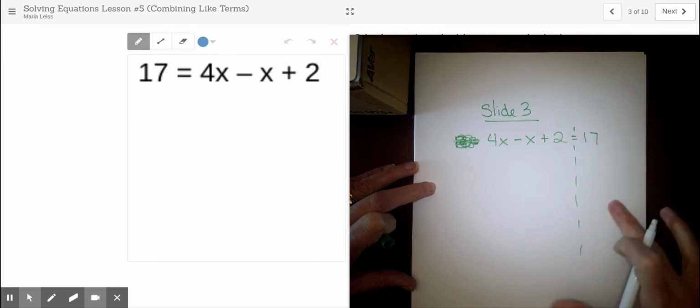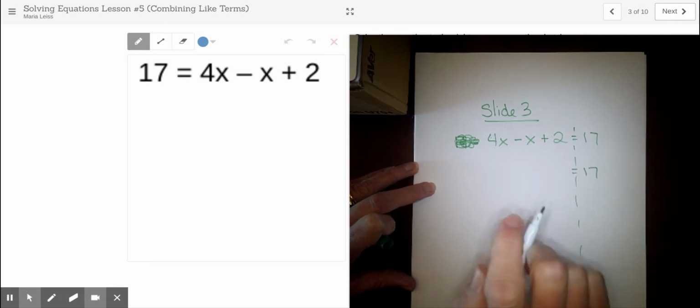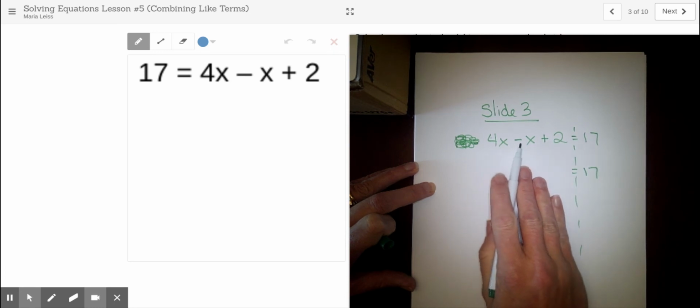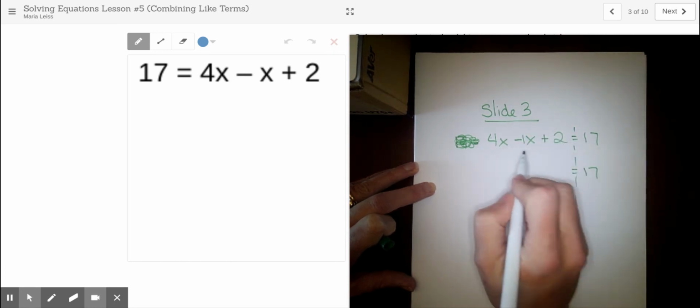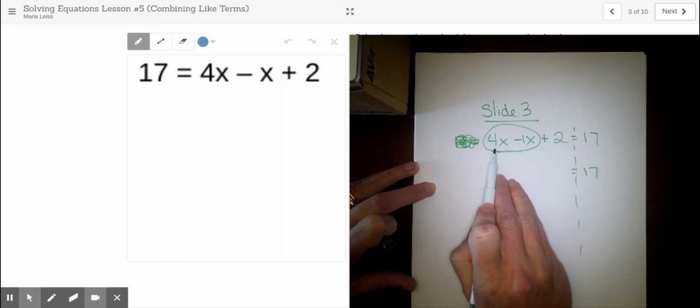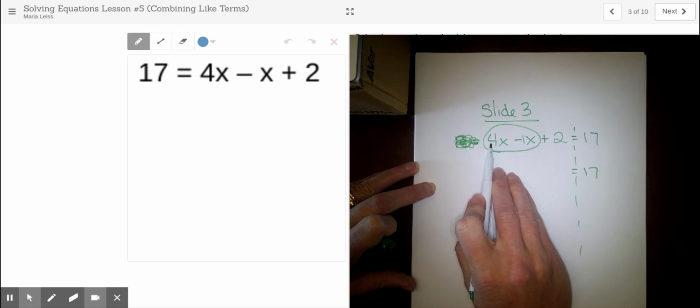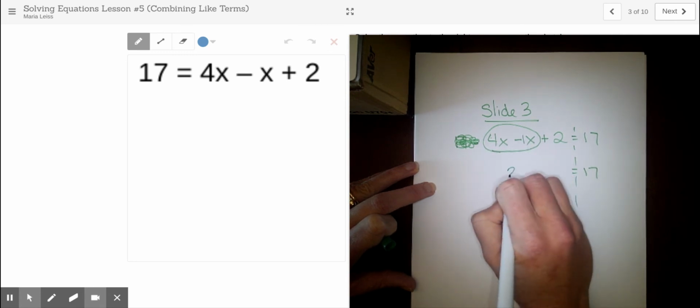So, nothing to do with that 17. It still comes down. As I look, I've got 4x minus 1x plus 2. I can put these together. This is where, for some people, it's going to be helpful to read it to yourself out loud. 4x minus 1x. 4 minus 1.